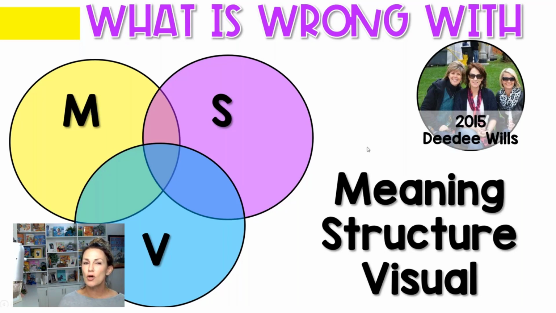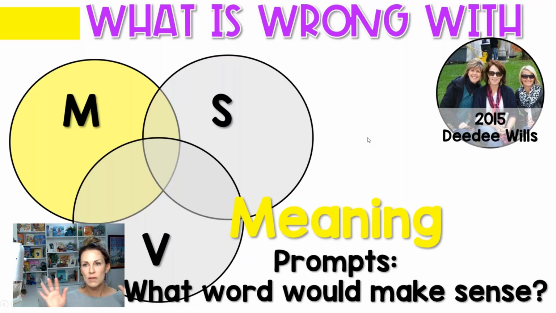I'm going to go through the MSV, which is another way that we talk about it, and let you know really quickly how that would play into figuring out unknown words. If they were stuck on a word, we might prompt them to use meaning. We might ask them, what word would make sense in this sentence or in this section of the text?